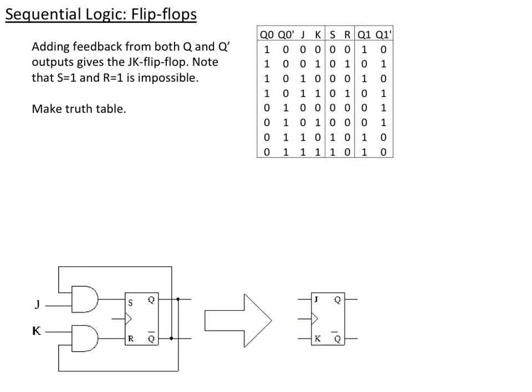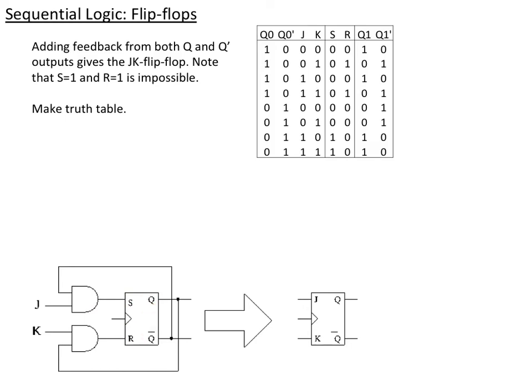So here's the truth table for the JK flip-flop, and I go from the state at the beginning to the state at the end. If I'm in state equals 1, and I have both J and K equal 0, so Q is 1, K is 0, so this is 0, Q bar is 1, J is 0, so this is 0, and so I have 0, 0 here.